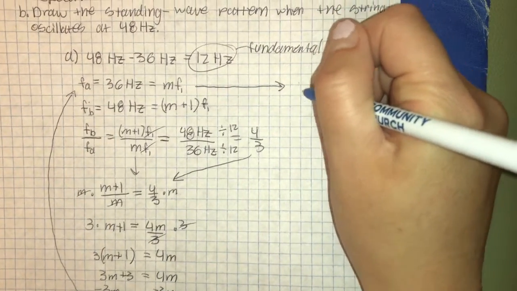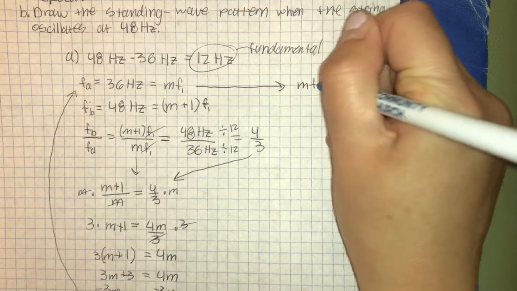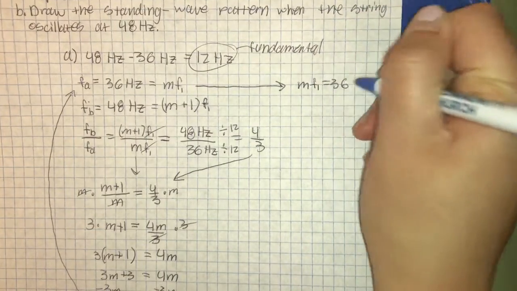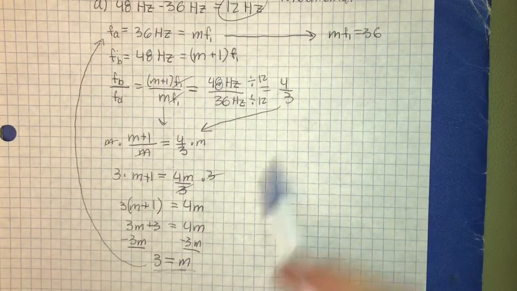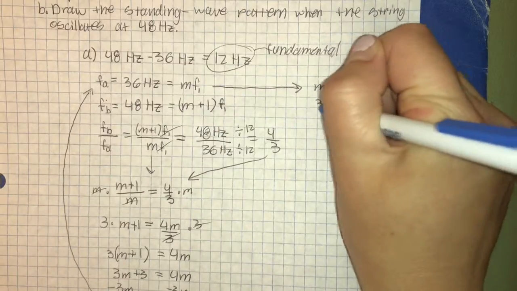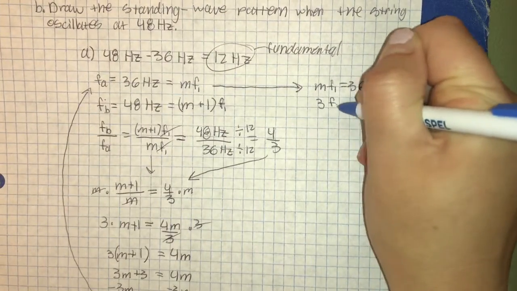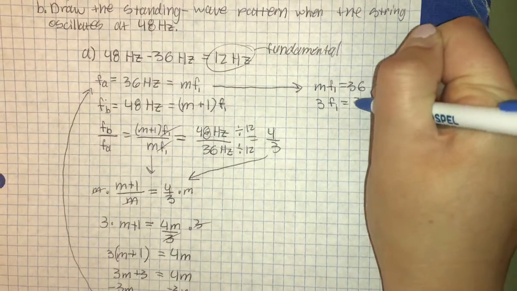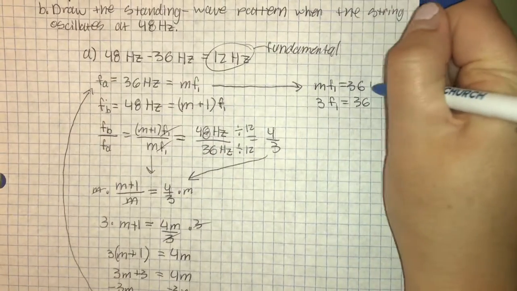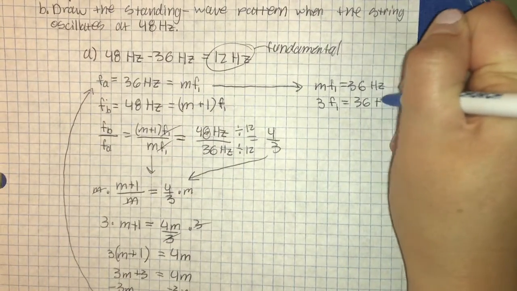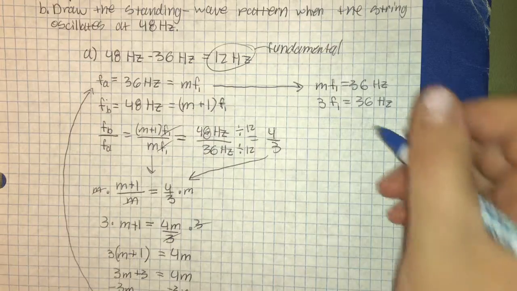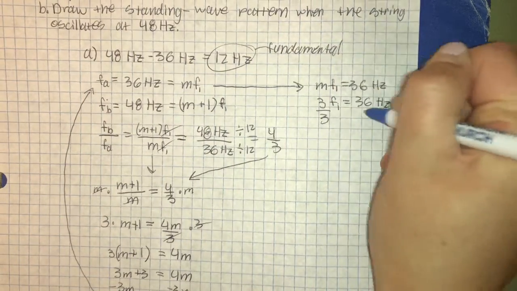I'll rewrite it just so you can see. m f1 equals 36. We're going to plug this 3 into that mode right there to have 3 times frequency equals 36. Let me write my units, because those are really important. You don't want to get marked down on the test. Divide both sides by 3.